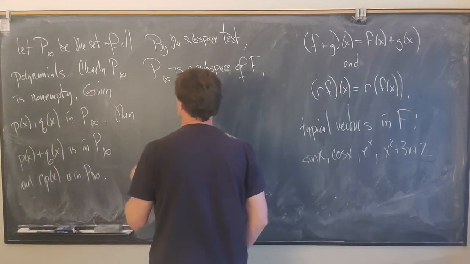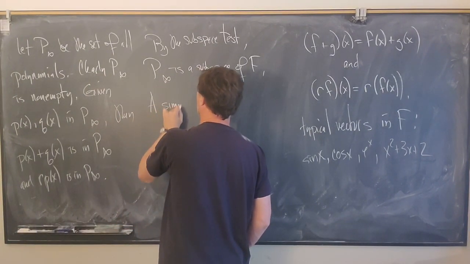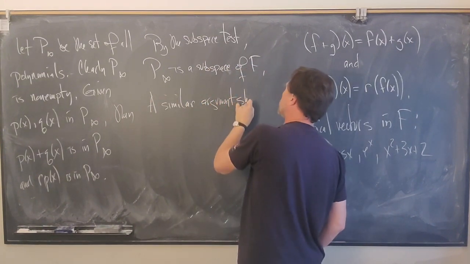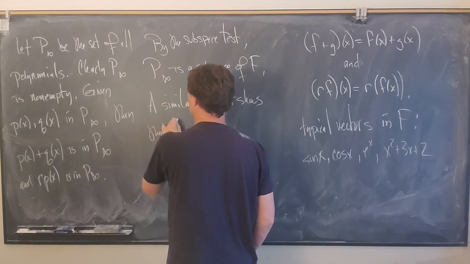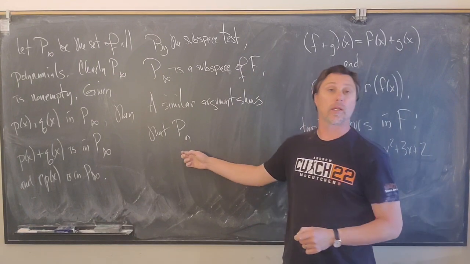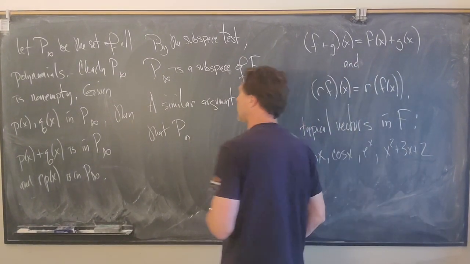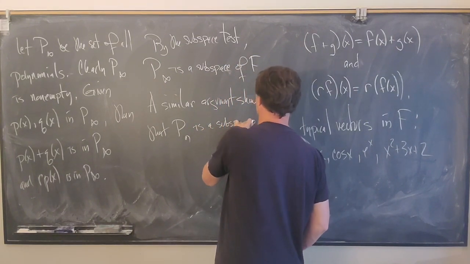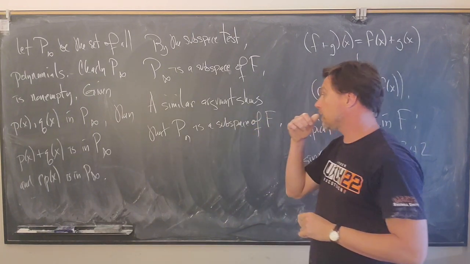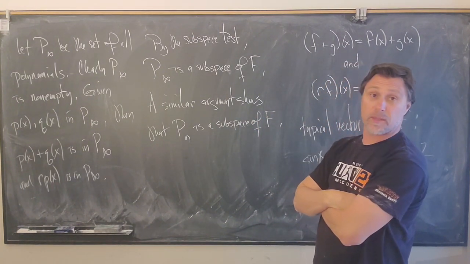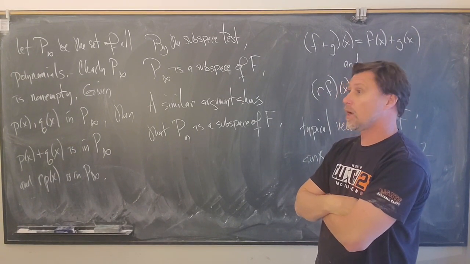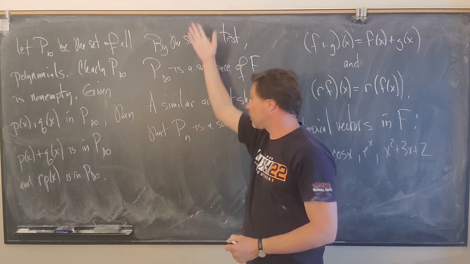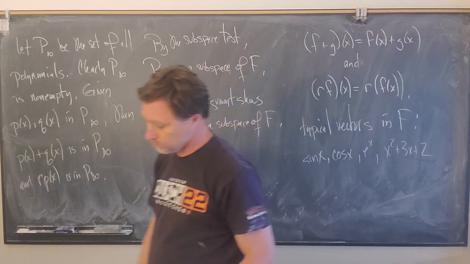So a similar argument shows that P sub n, remember this was the set of all polynomials of degree less than or equal to n, is a subspace of F. And so that gives an alternate proof actually that P sub n is a vector space, right? Last time what we did is we went through and checked all 10 axioms for this. It took a little while. Now that we have this subspace test, we can do it very quickly.